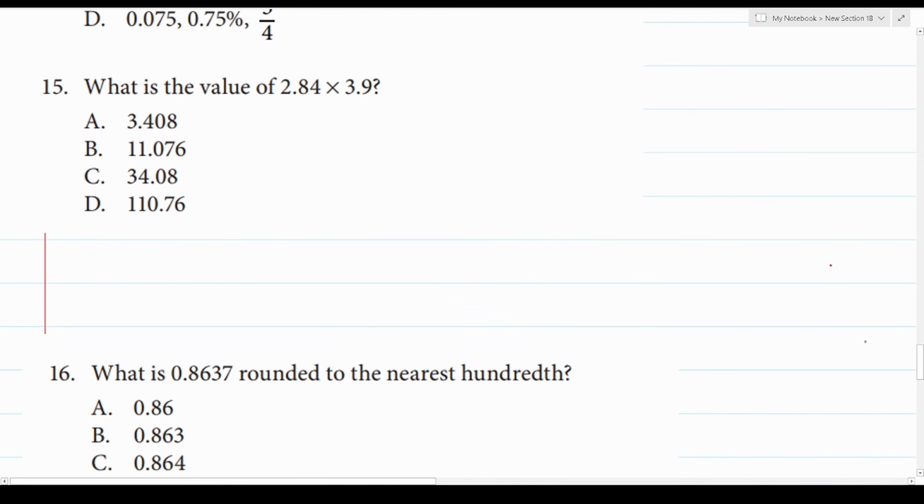All right, number 15 says, what is the value of 2.84 times 3.9? So we're going to do 2.84 times 3.9. That is to say, we're going to multiply 2 decimals by each other. And this, as it happens, is pretty easy to do. The very first thing we're going to do is shift the decimal in 2.84 as well as 3.9 to the right, such that we rewrite 2.84 as well as 3.9 as whole numbers.